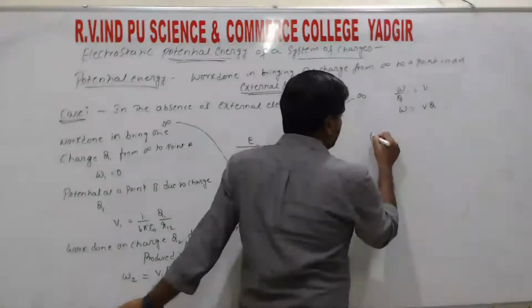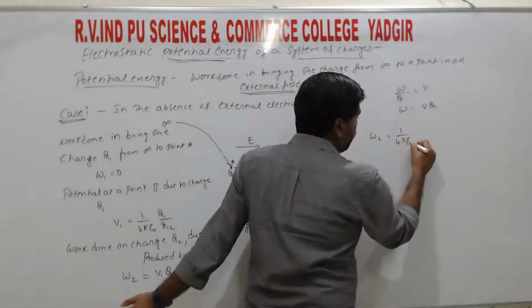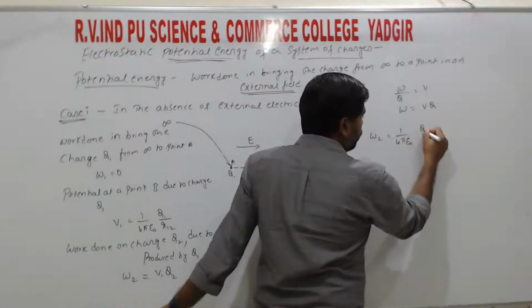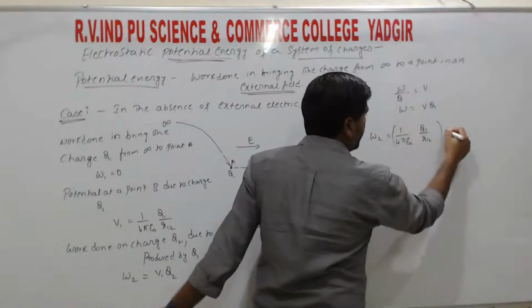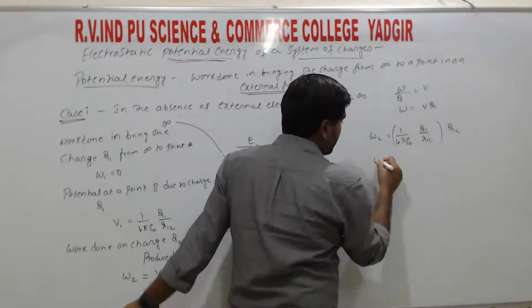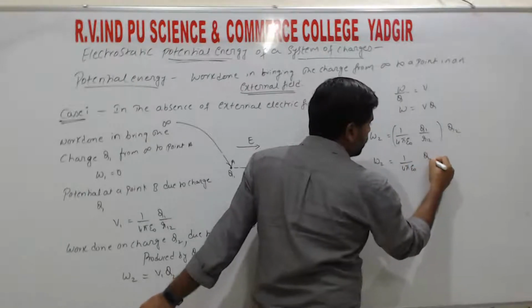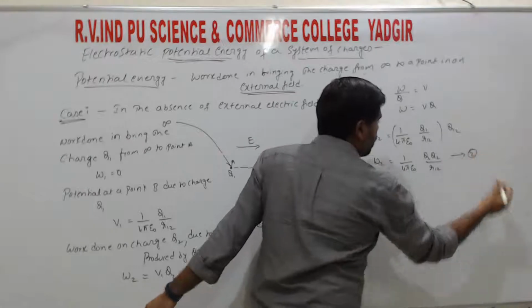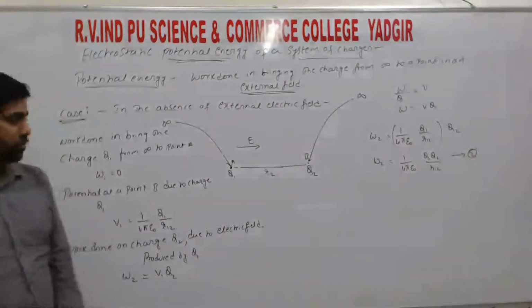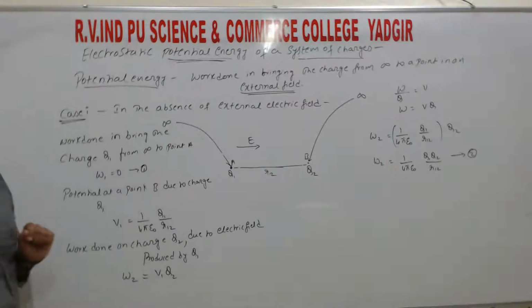Substituting, W2 is equals to V1, which is 1 divided by 4 pi epsilon naught Q1 by R12, into Q2, right? So W2 is equals to 1 divided by 4 pi epsilon naught Q1 Q2 divided by R12. Calling this the second equation. This is the first equation, right?